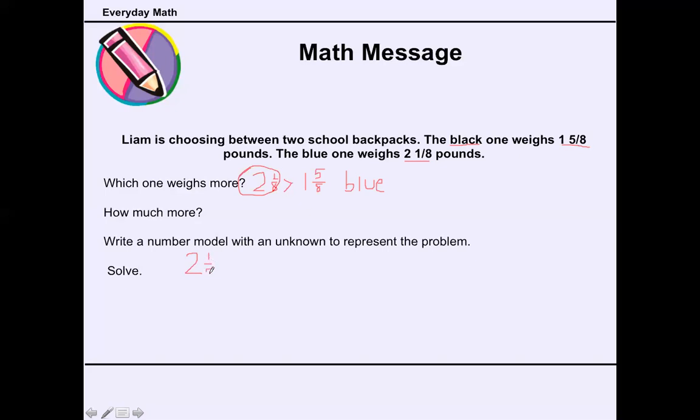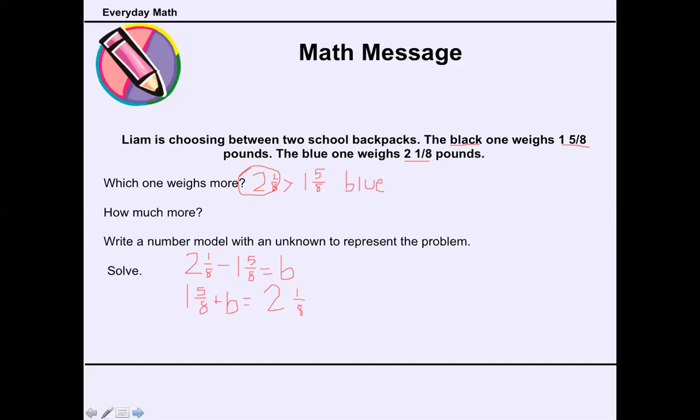I can do 2 1/8 minus 1 5/8 equals B for backpack. Or I can do 1 5/8 plus B equals 2 1/8.